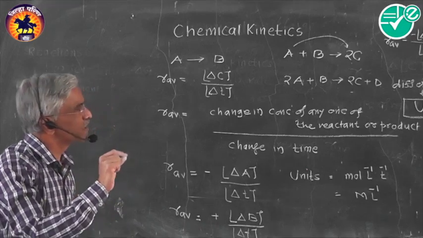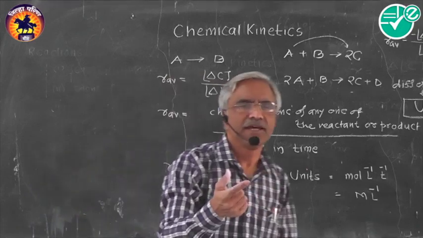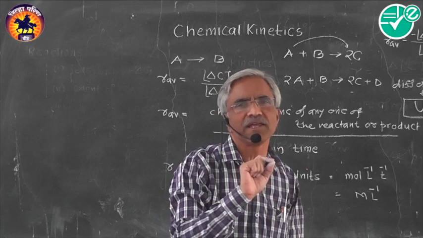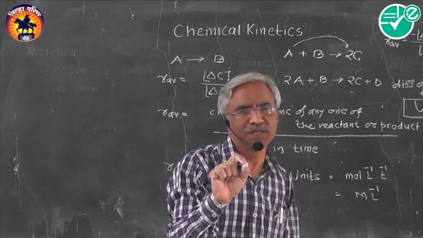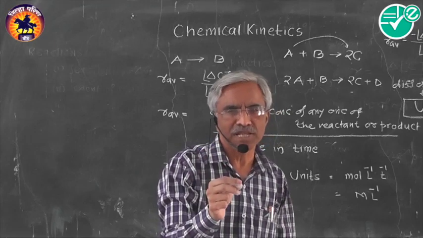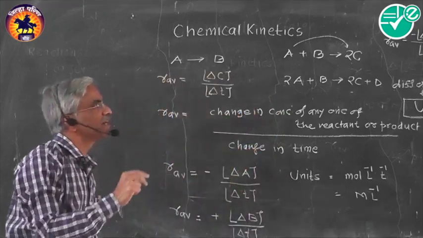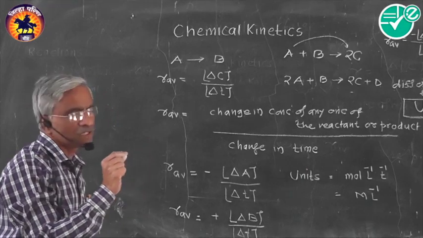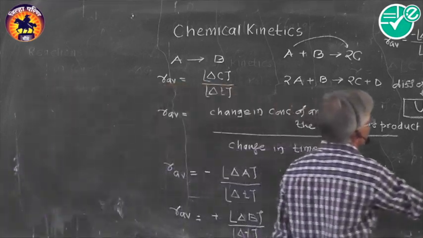Now here remember one interesting thing about the average rate of reaction. We will take one simple numerical also to understand it, because in chemical kinetics for every different concept we have to continue with a few examples and a few numericals to explain the concept. So we will continue that afterwards, but remember that the average rate always depends upon the time interval that is being selected.